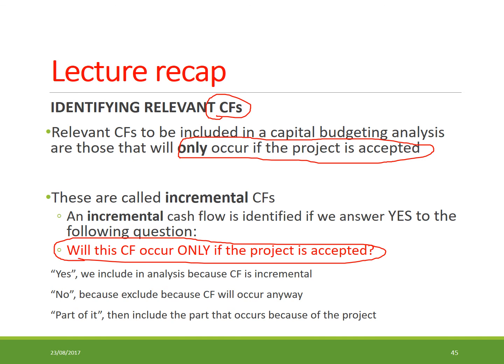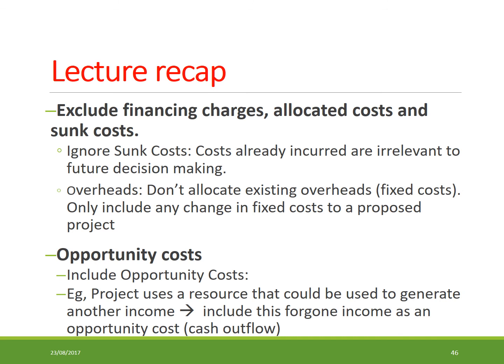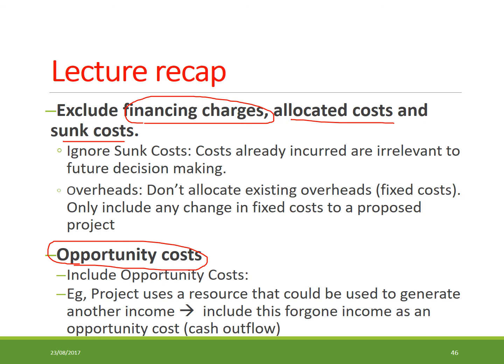Therefore, this fee occurs regardless of whichever project that we pick later on, right? Financing charges, we talked about this before. Allocated costs and sunk costs, right? So not related to the project. Opportunity costs. So be careful here. Sometimes it can be tricky to work out the opportunity cost of a project.